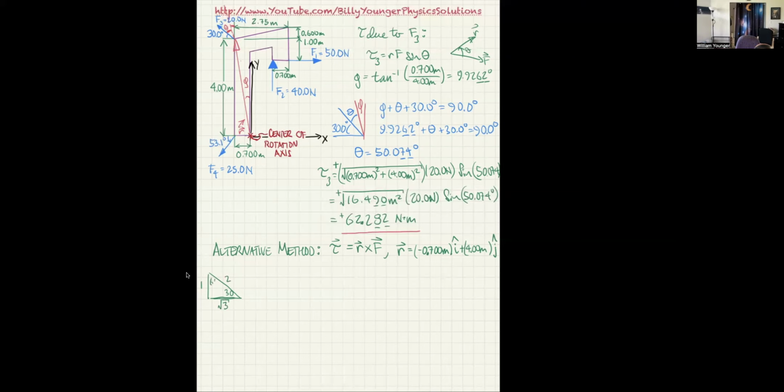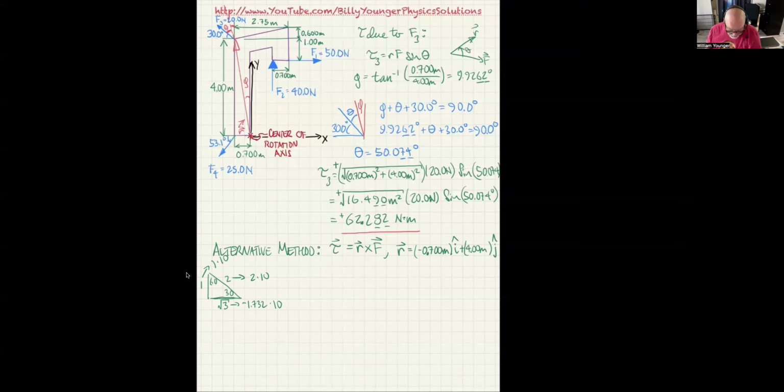And then this angle over here is 60 degrees. This is normally a multiple of 2, but in our case we actually had 20, so I have to multiply by 10 on all these things. So this one's going to become 2 times 10, this one's going to become about 1.732 times 10, and this one's going to become 1 times 10.